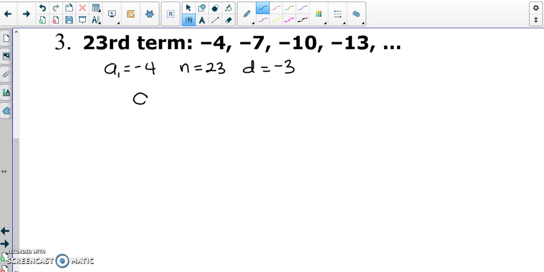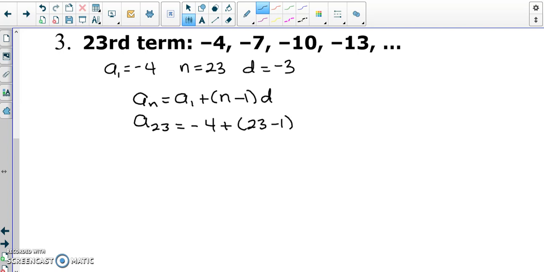So now a sub n equals a sub 1 plus n minus 1 times d. So a sub 23 equals a sub 1, which is negative 4, plus n minus 1, 23 minus 1 times d, which is negative 3.